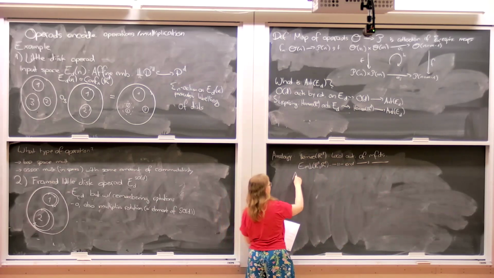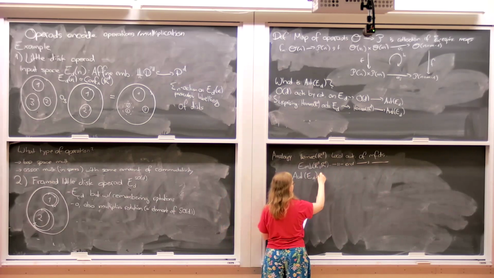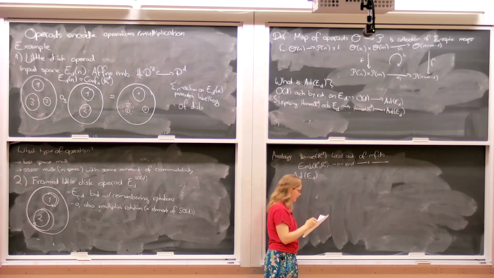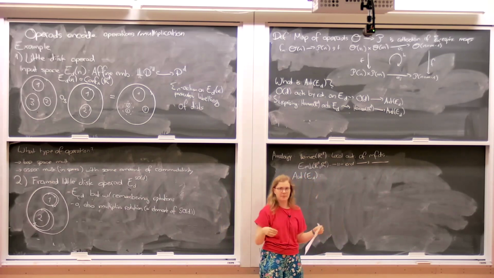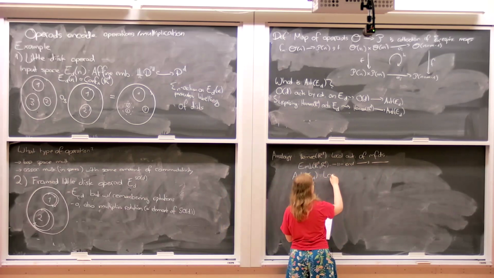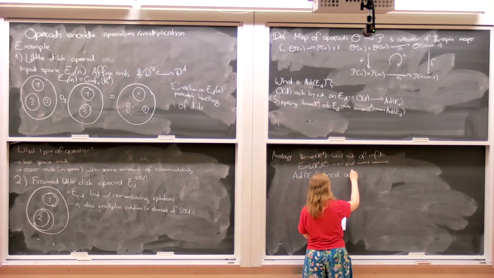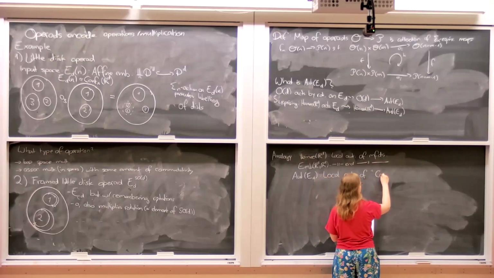Now, what is Aut of E_d in this picture? This is described in work of Pedro Boavida de Brito and Weiss. It's just local automorphisms of configurations in manifolds.